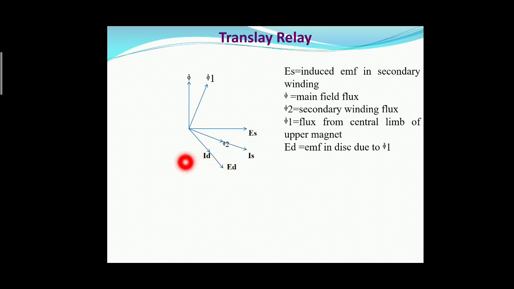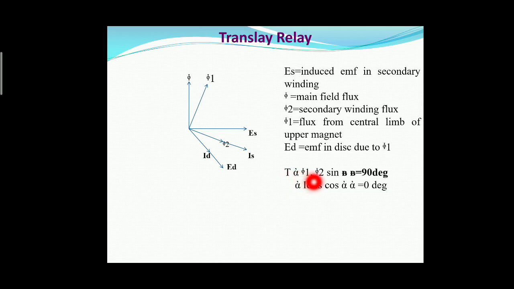The interaction of ID and IS produces torque, and the interaction of the fluxes phi 1 and phi 2, displaced by an angle beta of 90 degrees using the shading ring, also produces torque.